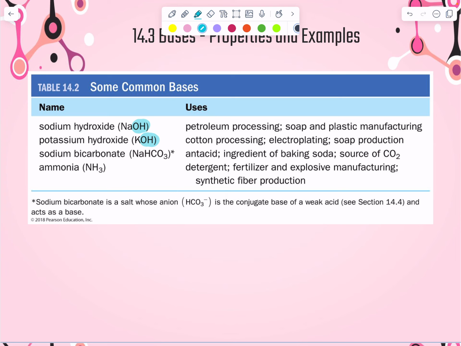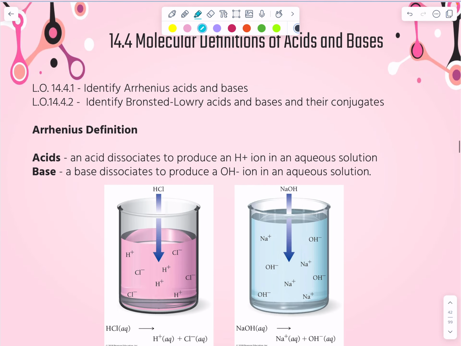Sodium bicarbonate is an antacid and it's part of baking soda. It's the source of carbon dioxide that allows baking soda to cause a cake to rise. And then ammonia is a very common base, and it's used in a lot of cleaning products. So you could see soap, detergent, that a lot of times bases are used in cleaning products.